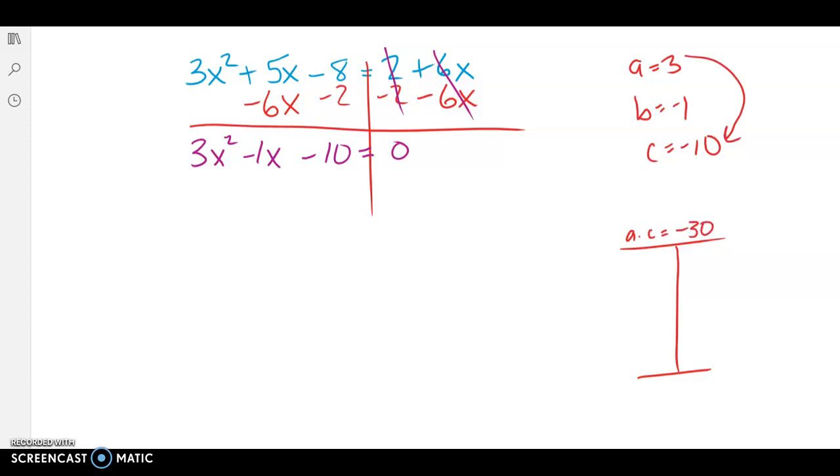So everything that's in the center are things that multiply to give us -30. So let's think about what that is. That's -1 times 30. That's 1 times -30. One of the terms has to be negative. Let's remember that. It's -2 times 15. It's 2 times -15. It's -3 times 10.